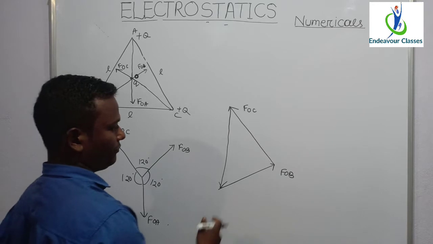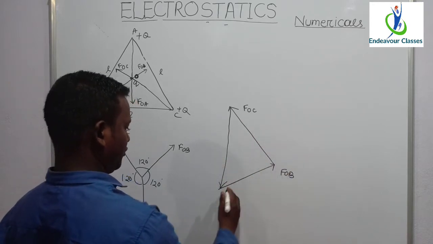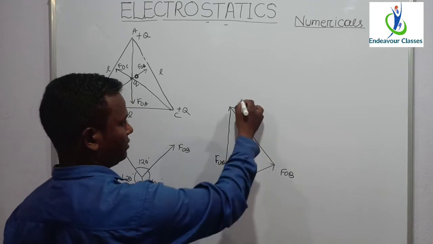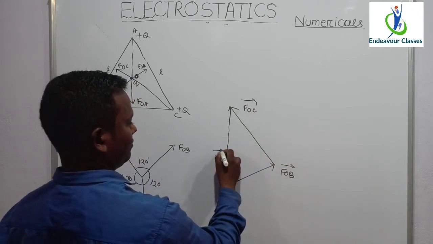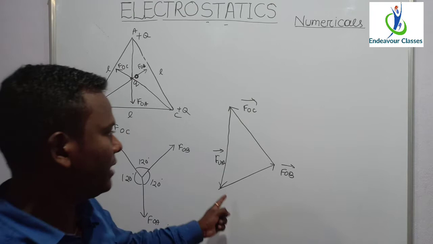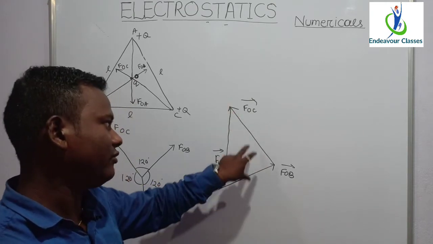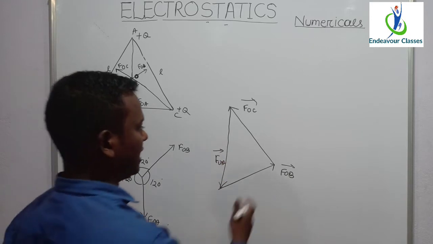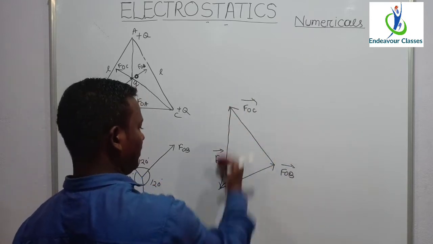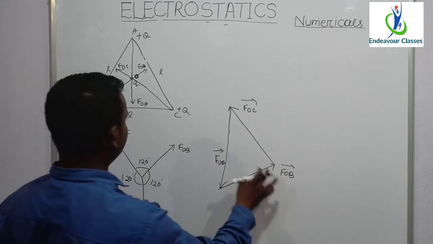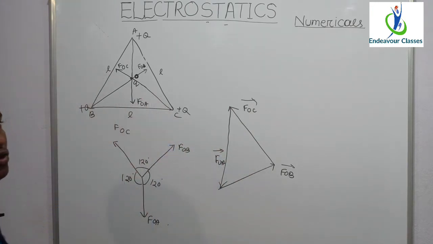You can see these three vectors are represented by the three sides of a triangle, all taken in same order. That means they are forming a closed triangle, because each angle is 120 degree. And in this case, all the three forces are equal in magnitude also.